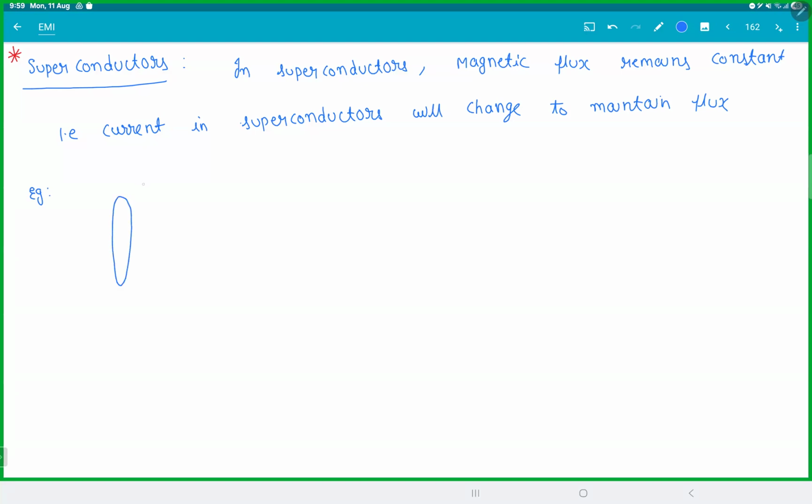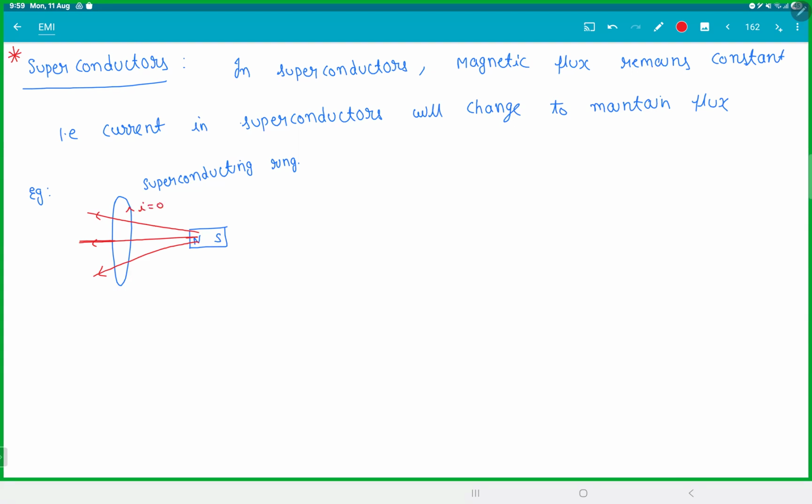Let's say we have a superconducting ring. You take a magnet and put it in front of it. And let's say inside the current is 0.